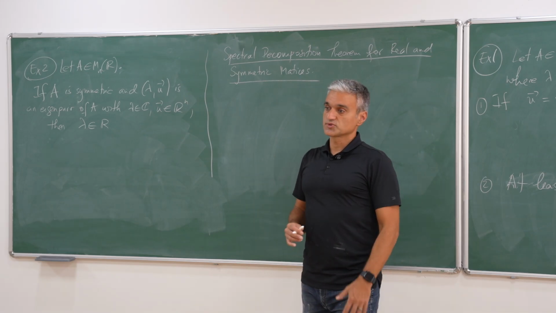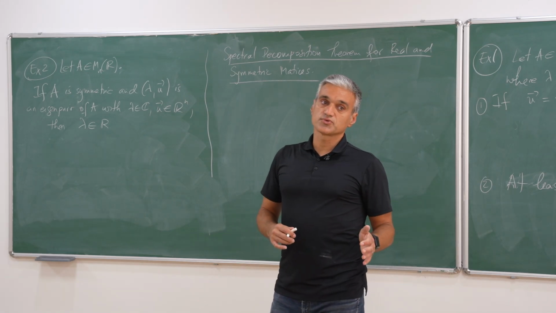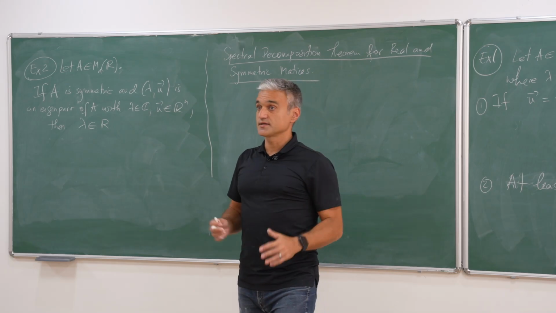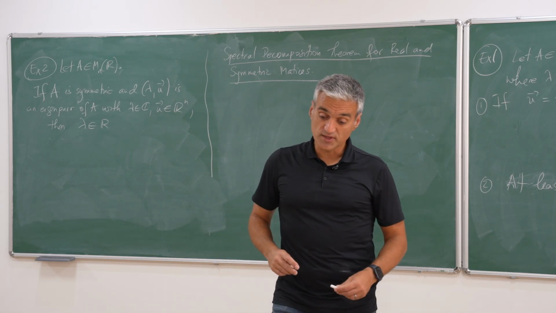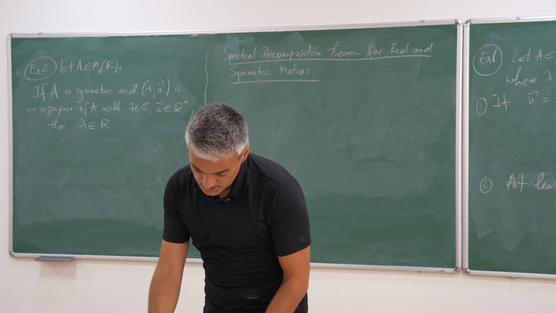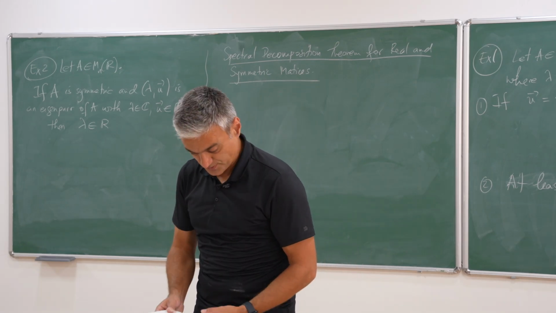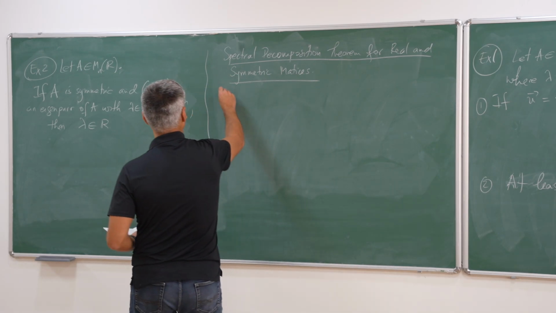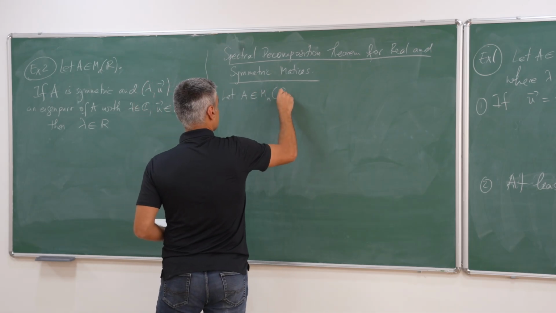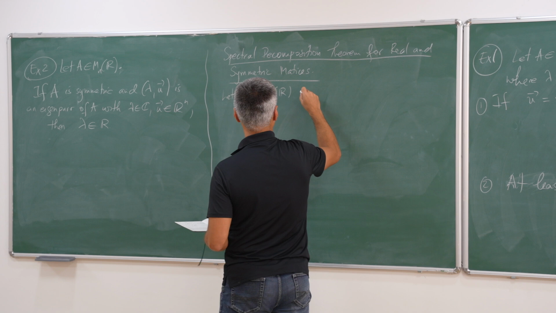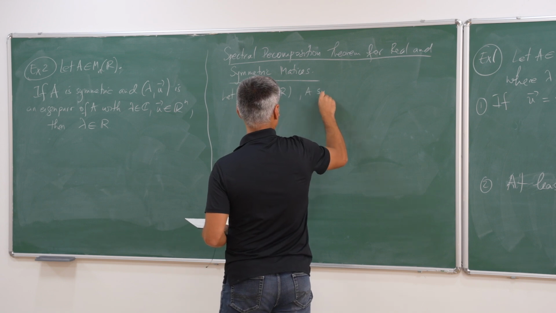I think it's important for you to know both of these approaches. So let me state this for real symmetric matrices and sketch the proof. Let A be a symmetric matrix.